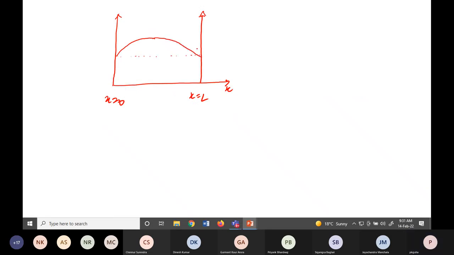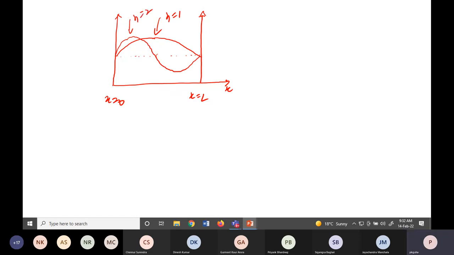Okay, this is for n equal to 1, and I am plotting the waveform from the solution itself. For n equal to 2, what will happen? So this is for n equal to 2.